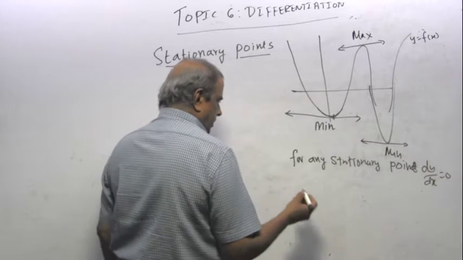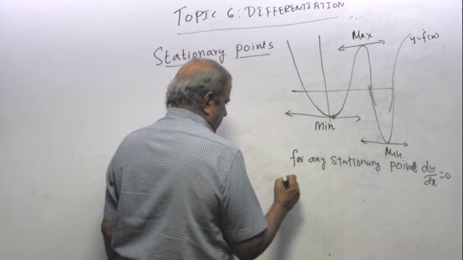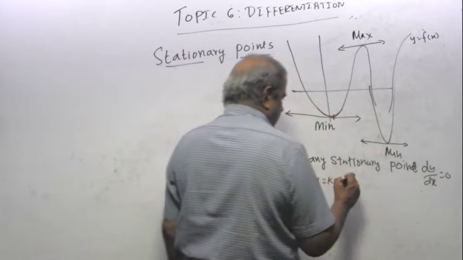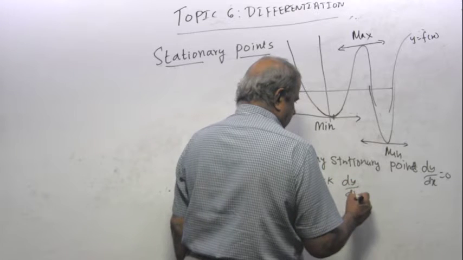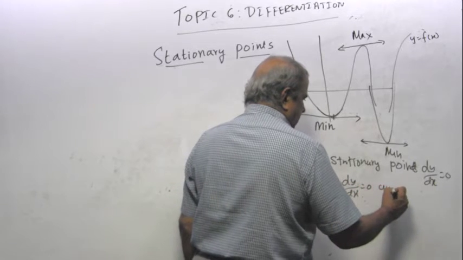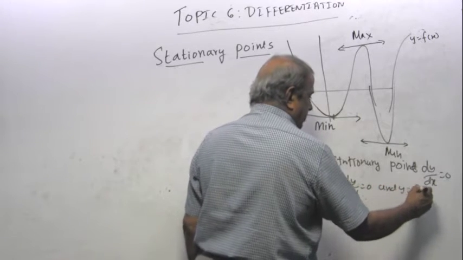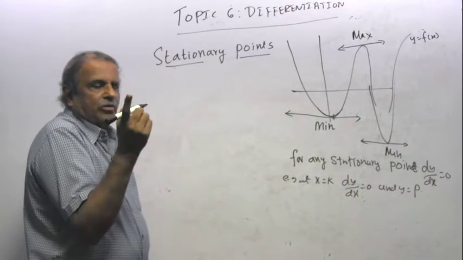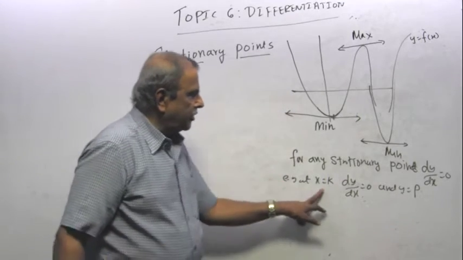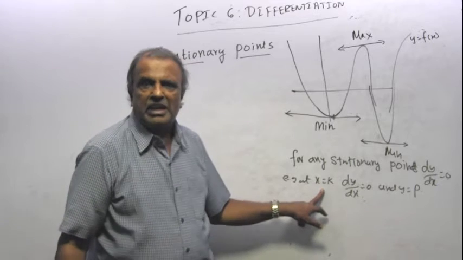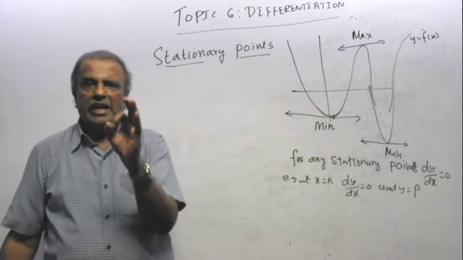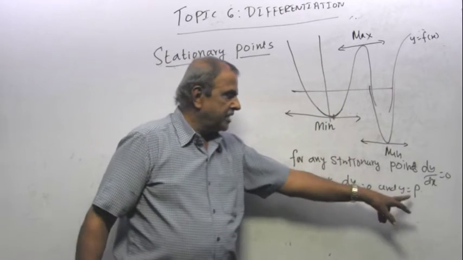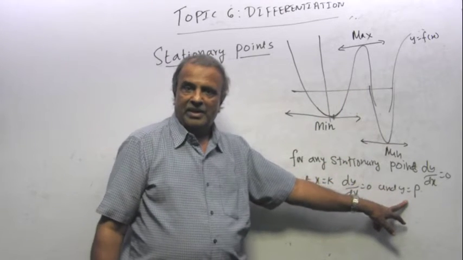Now, if for example, at x equal to k, dy by dx is 0 and y is, let's say, p, then this is where students again are not very clear. x equal to k is not a stationary value. x equal to k gives the stationary value, and the stationary value is y equal to p.